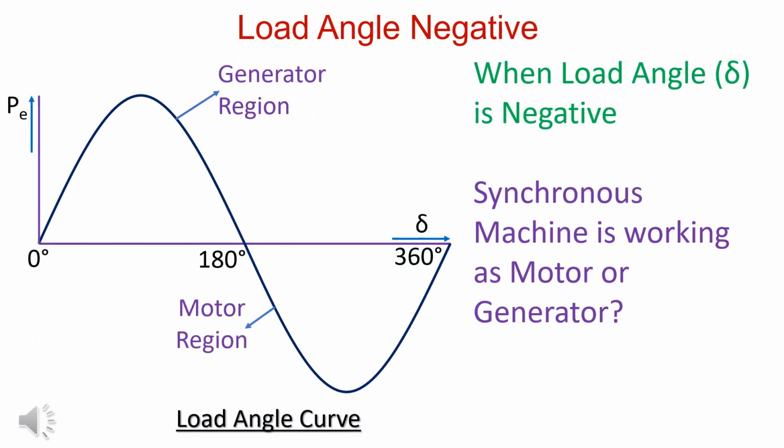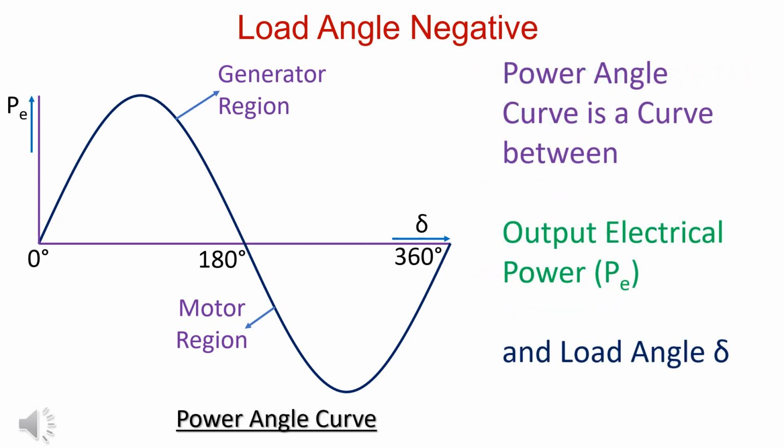In case the load angle is negative, is the synchronous machine working as motor or generator? First, let us understand the power angle curve. It is a curve between output electrical power PE and load angle delta.